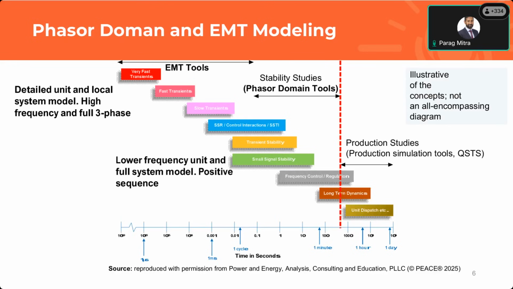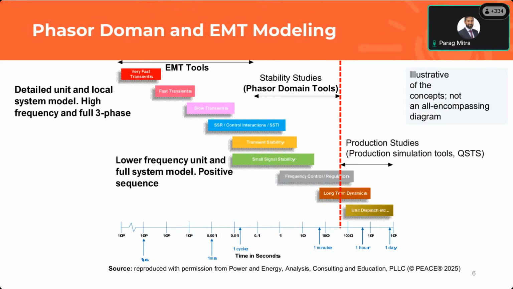It is important to understand the distinction between the two and when both are useful. Today, we use both of these models for our simulation studies or interconnection studies or stability assessments and such. The phasor domain tools typically cover things which are generally in the less than 10 hertz range.